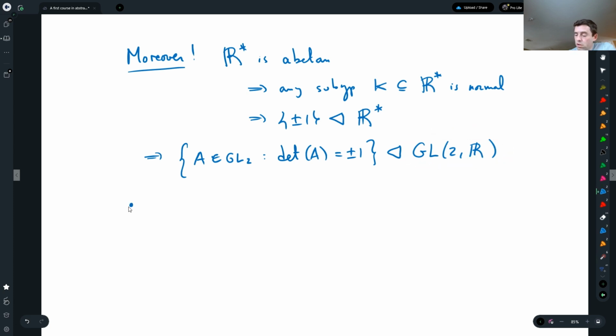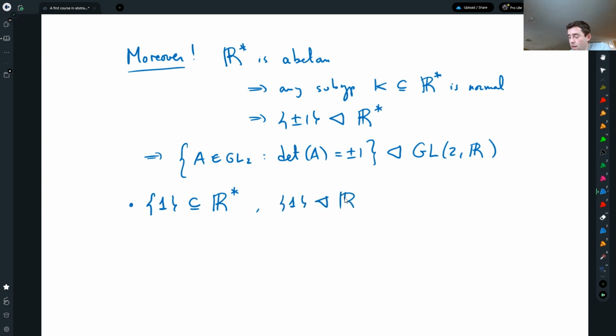Another, easier example is the subgroup generated just by the identity inside R star. That is a subgroup, and it is in fact a normal subgroup. That is always the case for any group. The trivial subgroup with just the identity in it is normal, and that tells me that psi inverse of the identity has to be normal in GL2.